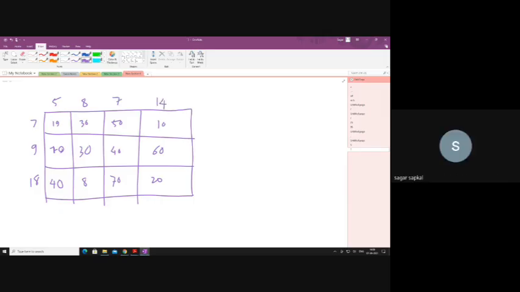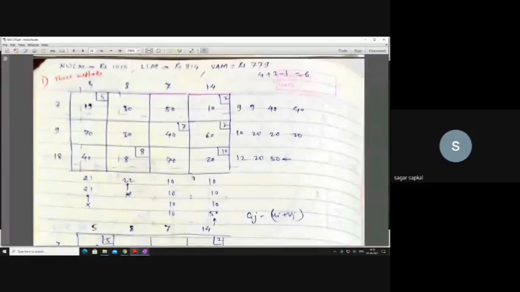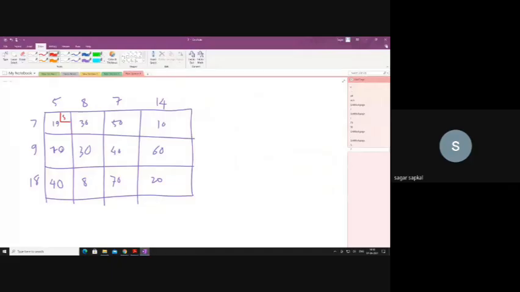Okay, now tell me the occupied cells and their values. What is the occupied cell in the first row? Occupied means where allotments are made. In VAM, which occupied cell is in the first row? 1 1. Tell me the allocated value. It is 5.